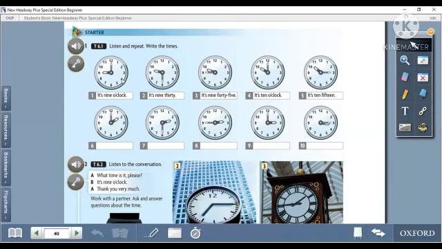Okay, so 1 hour equals 60 minutes. كل ساعة okay تعادل أو تساوي 60 دقيقة.